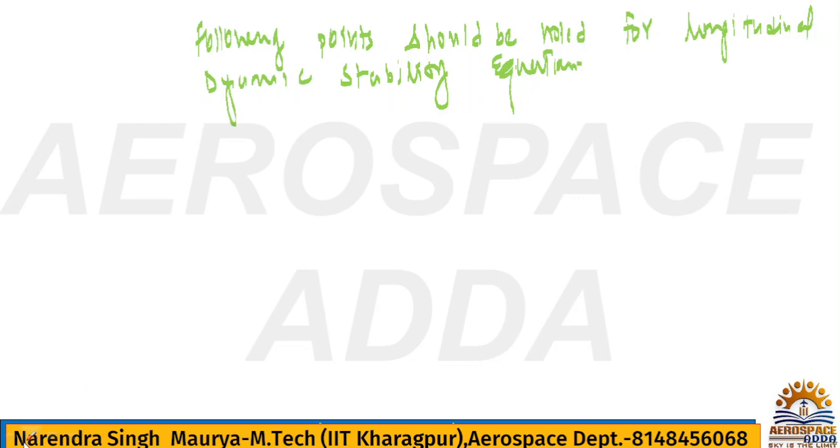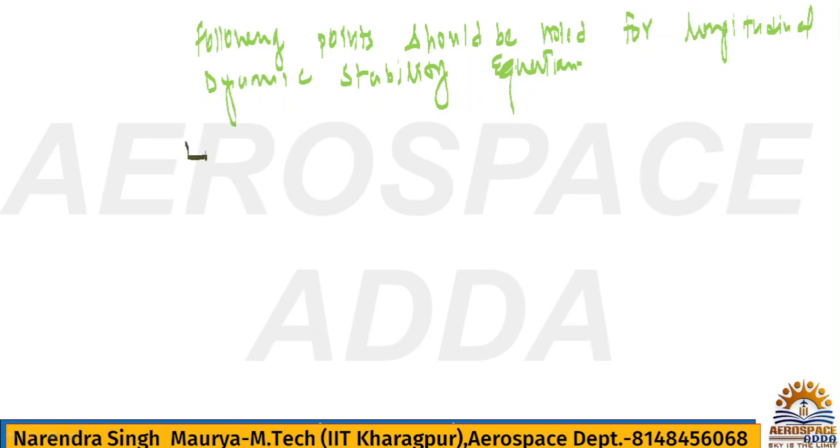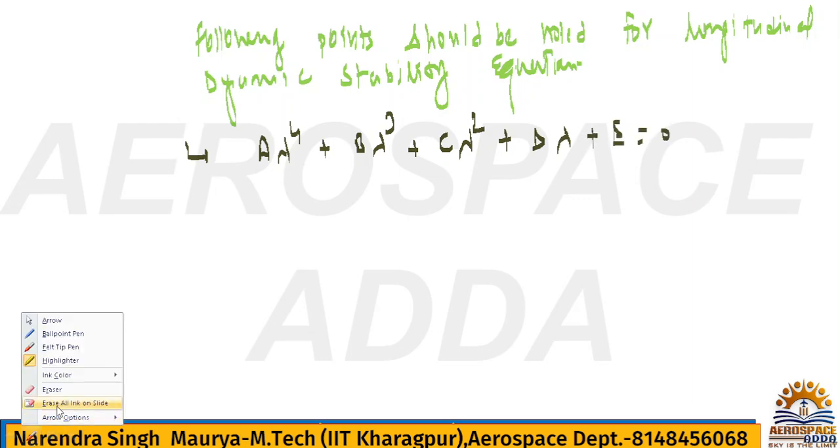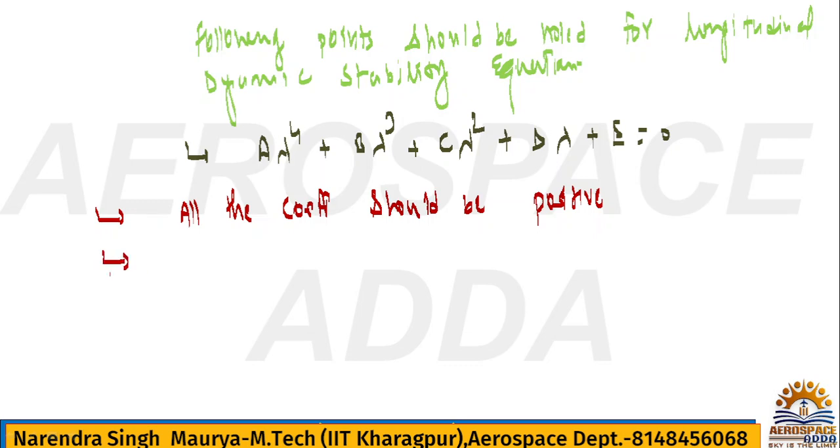Whatever equation you have written, A lambda to the power 4, B lambda to the power 3, C lambda to the power 2, D lambda plus E equals 0, these points are very special. The points are: number one, all the coefficients should be positive.